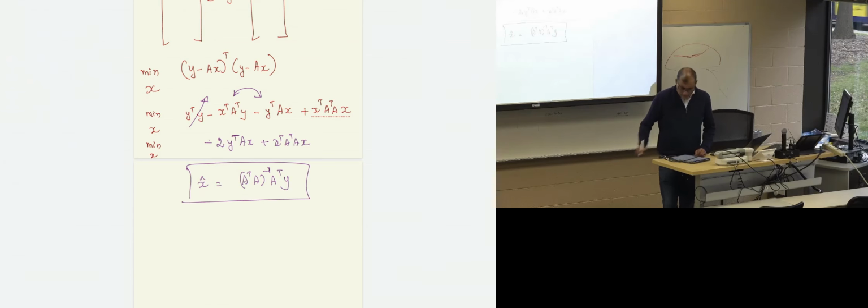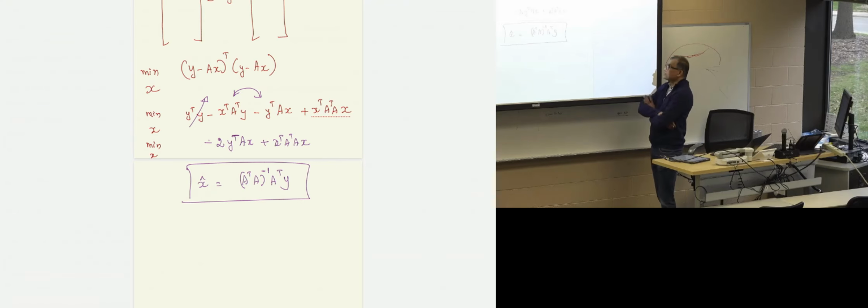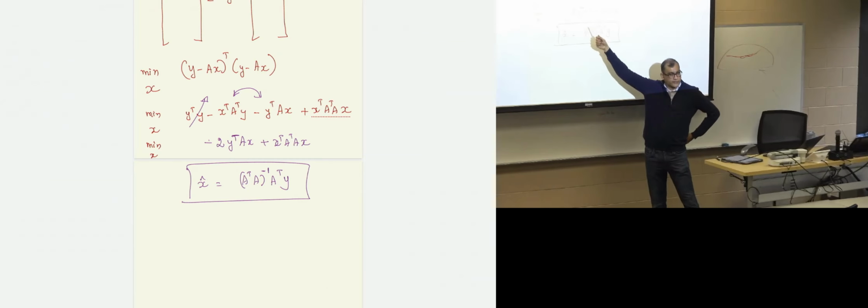Okay. So this is the least squares solution, the least squares approach to solving Ax equal to y. We've assumed full rank, which means this is invertible.